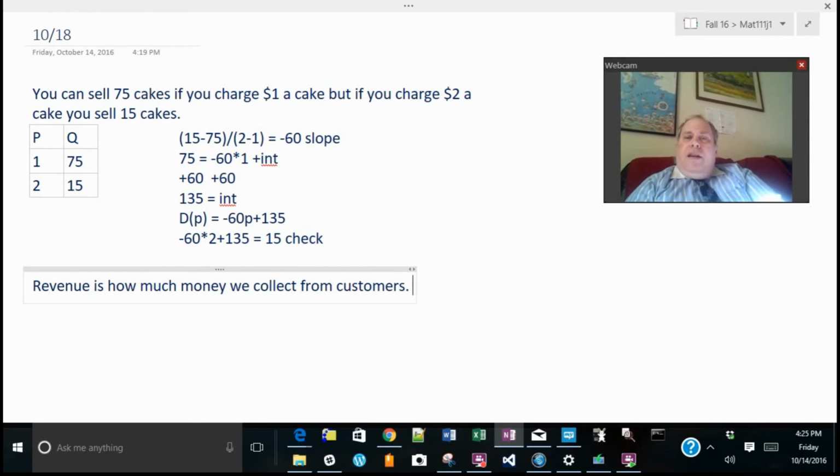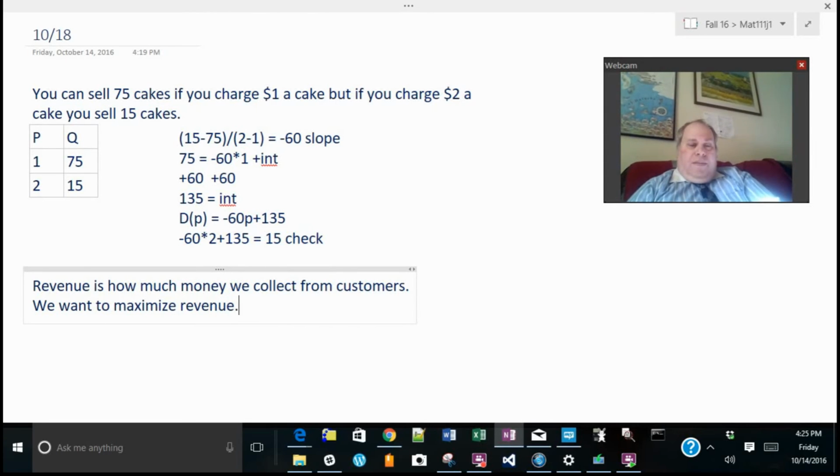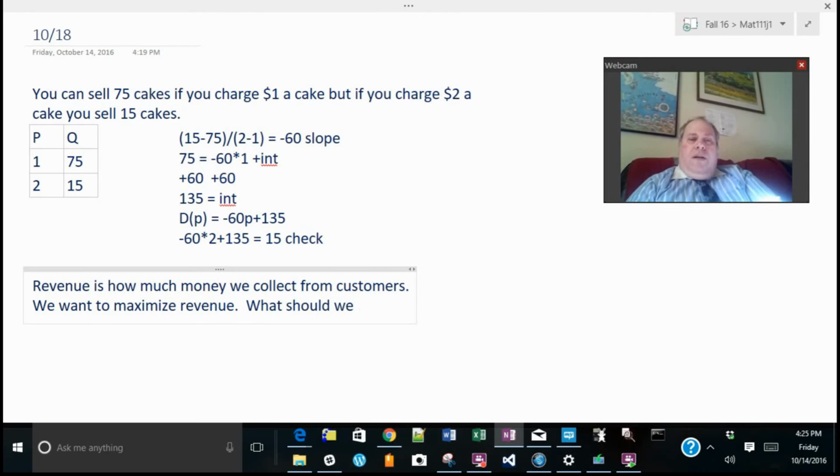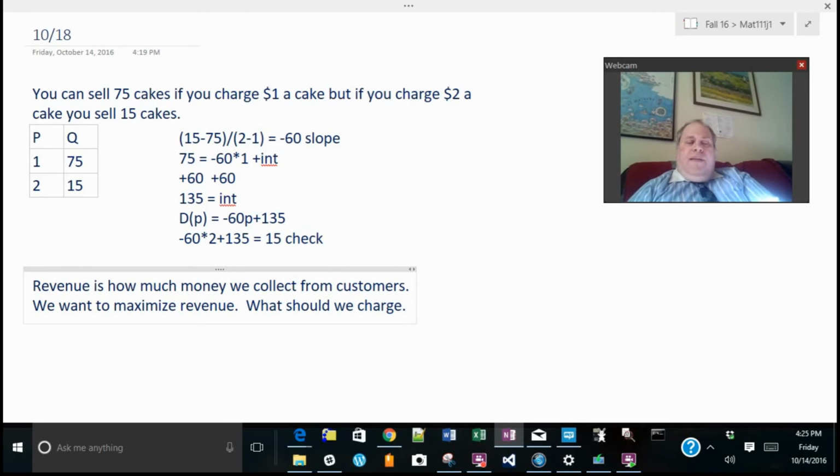Isn't money interesting? Something we really want? We want to maximize revenue, right? We want to make the most money. So what should we charge? How can we take this demand function and create a revenue function?